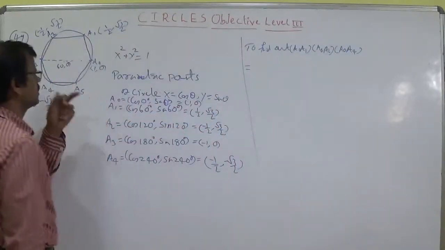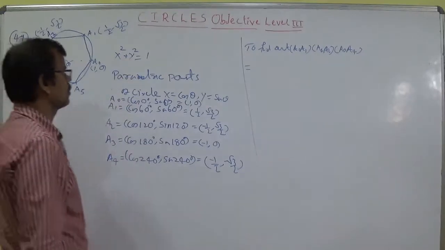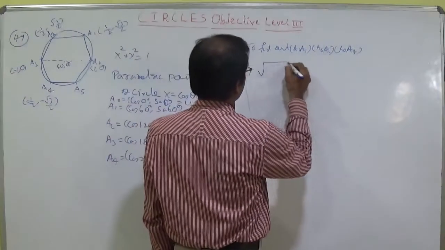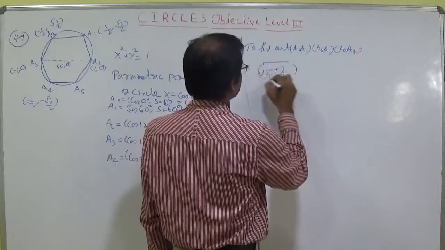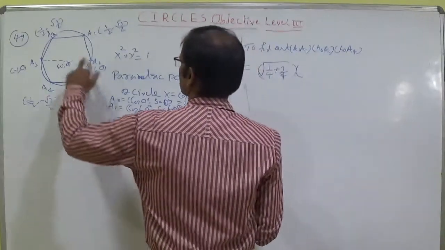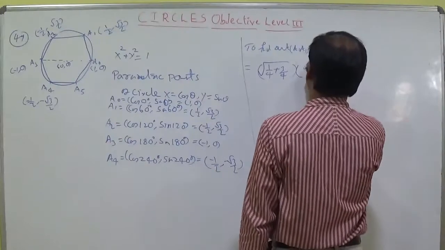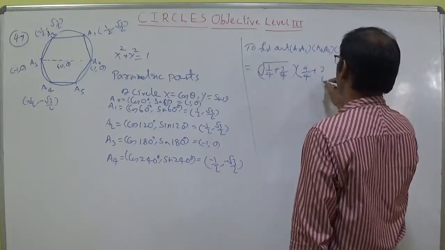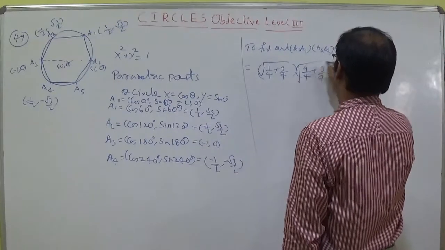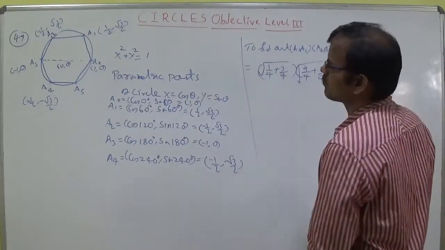The distance A0A1 is root of (1 minus 1 by 2) whole square, this is root of 1 by 4 plus 3 by 4, into A0A2, root of (1 plus 1 by 2, that is 3 by 2) whole square, 9 by 4 plus 3 by 4, into root of A0A4.